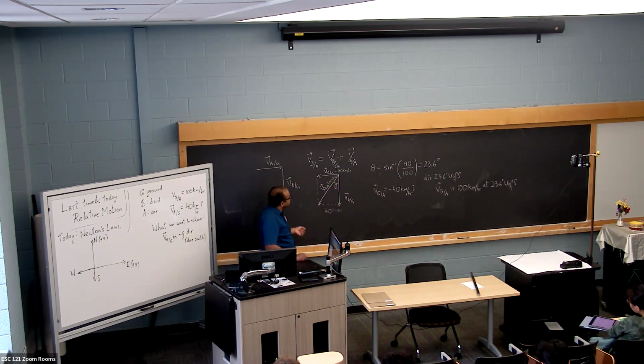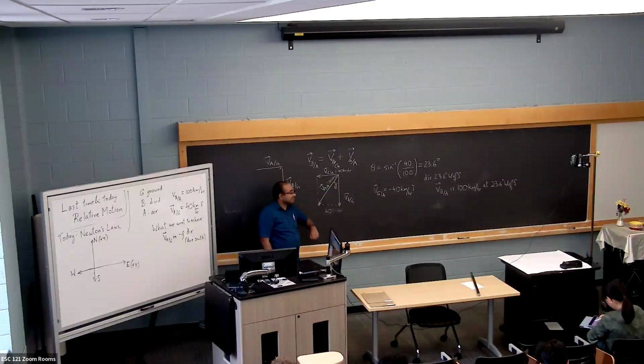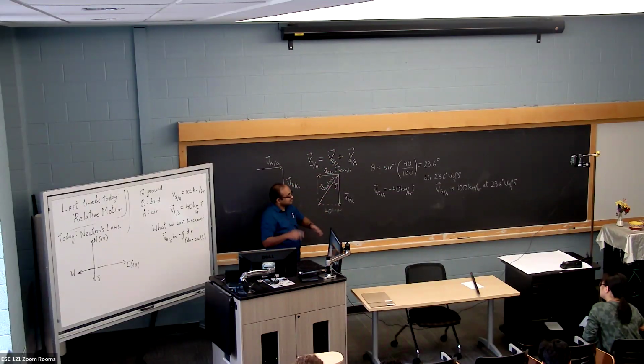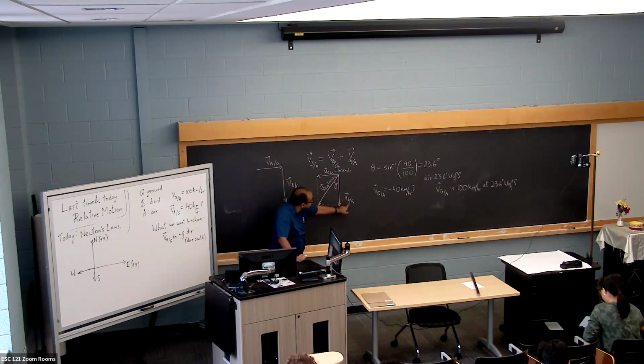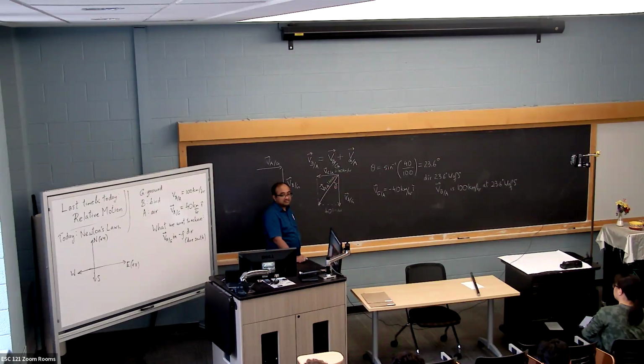Now, the other question asked, how long would it take the bird to cover 500 kilometers on the ground? For that, I need this speed. So how would I go about finding that? Either trig or Pythagorean.